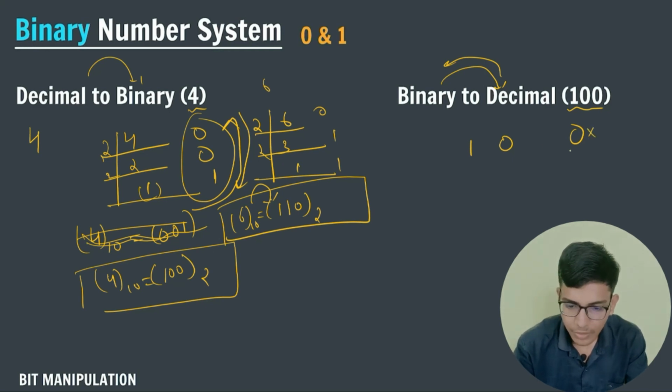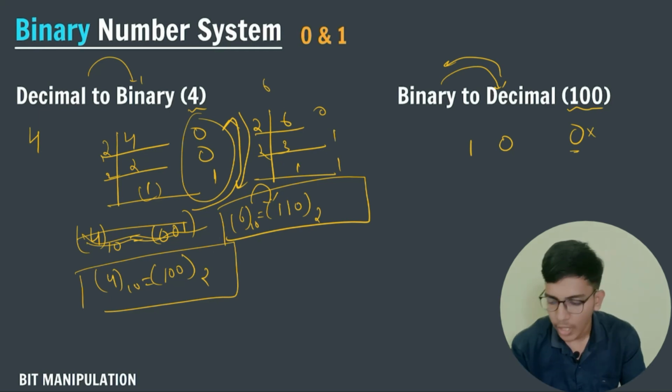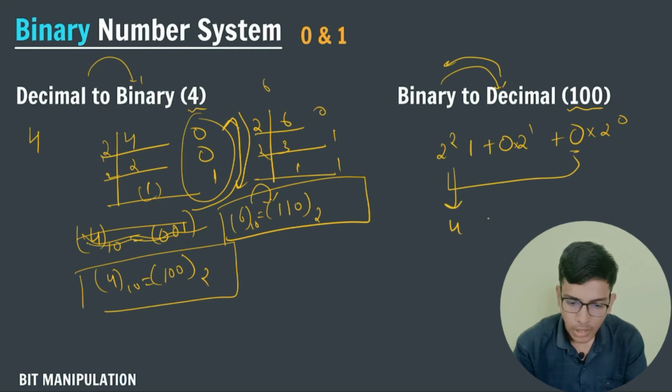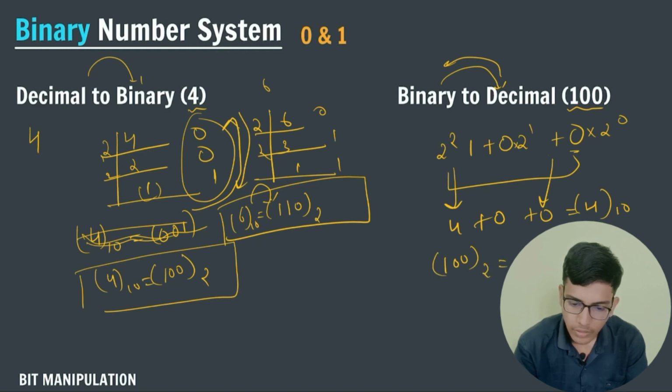Suppose this is my first digit, right? So we'll come from right to left. So I will multiply it by 2 to the power of 0, plus I will add the next digit times 2 to the power of 1, plus 2 to the power of 2. So this will give me 4, after this will give me 0, after this will give me 0, right? So this is my decimal number. So can I write that 100 in binary is equal to 4 in decimal?